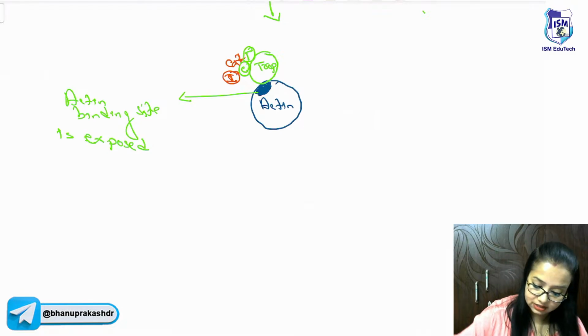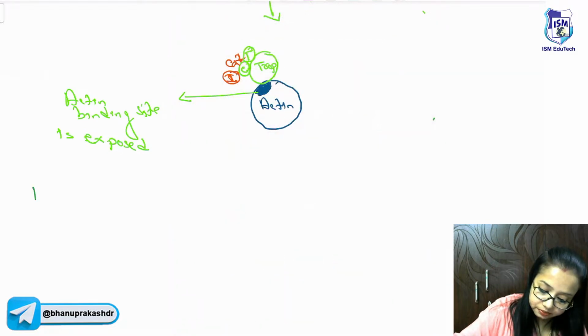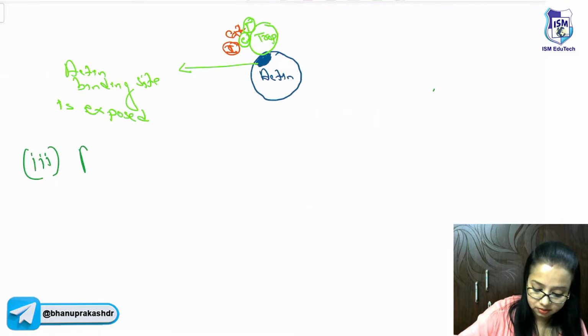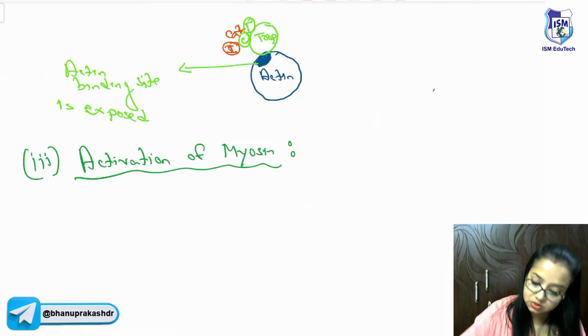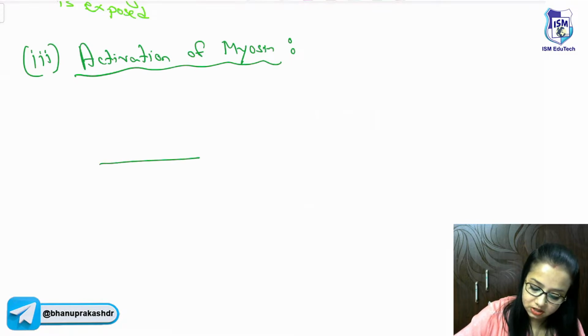Now next is the activation of myosin. How is myosin activated? In normal condition, so this is our myosin.